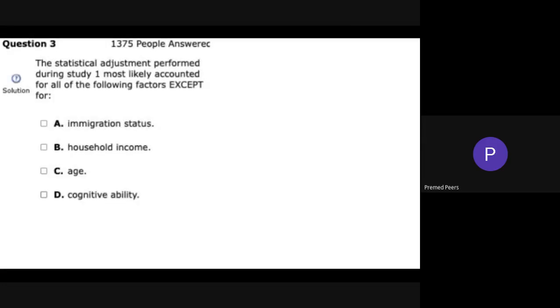Third, the statistical adjustment performed during study one most likely accounted for all of the following factors. So this is the part where it's talking about statistical adjustment for demographic factors. So what did you put for this one?